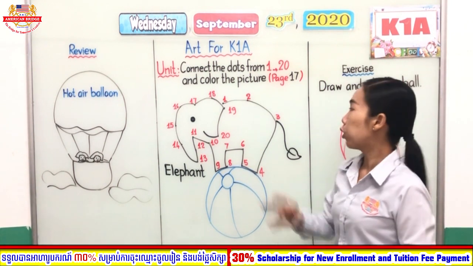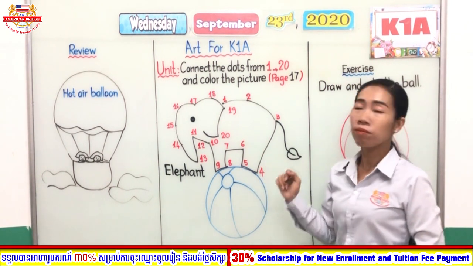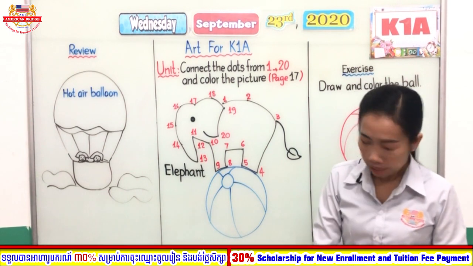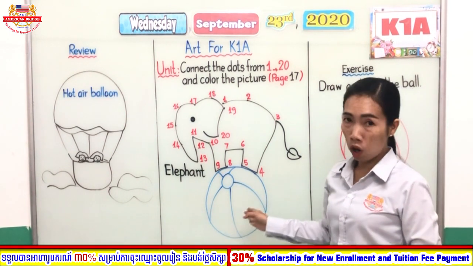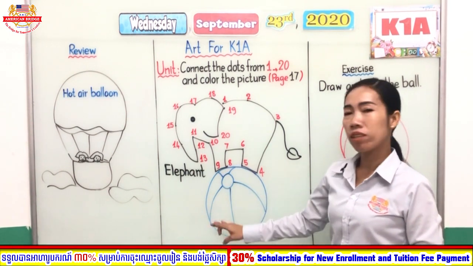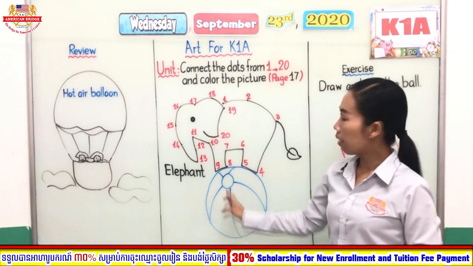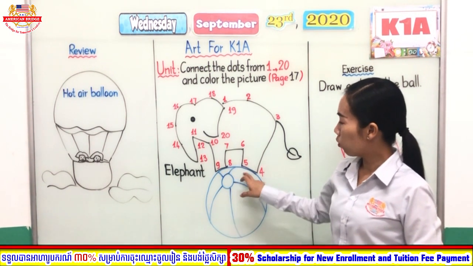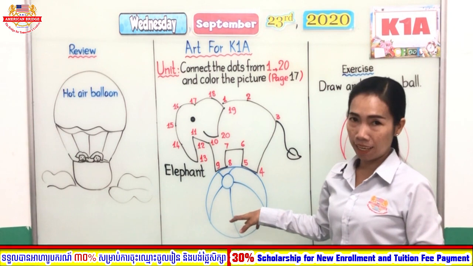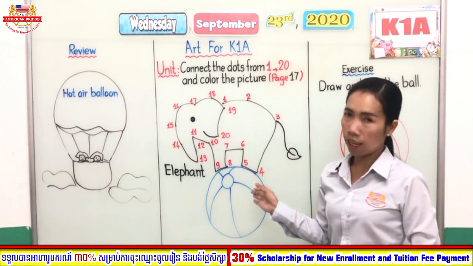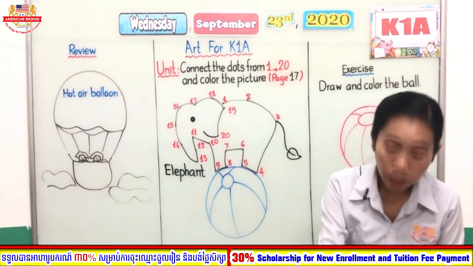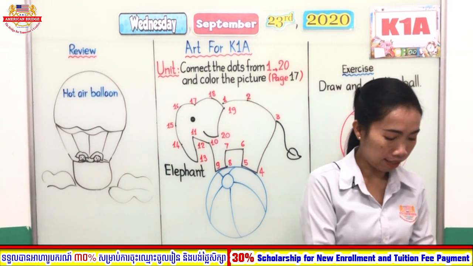Yeah, you can use black or gray. How about the ball? For the ball you can mix the colors red, yellow, blue on that part. So please color after you connect already.